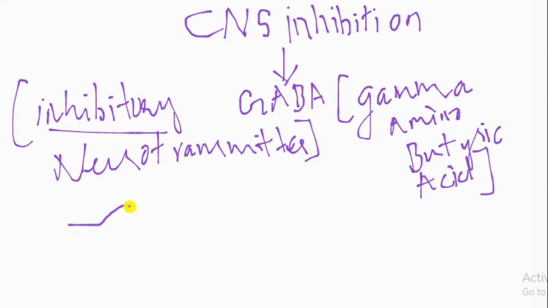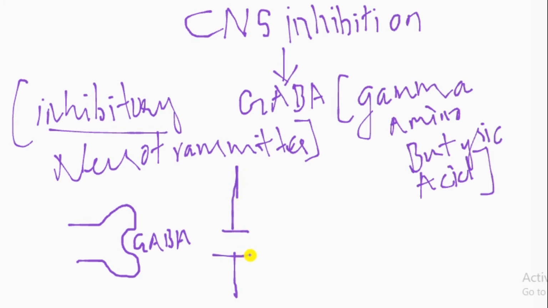This is the presynaptic neuron, which is going to release GABA. This is our cell membrane, the neuronal membrane.